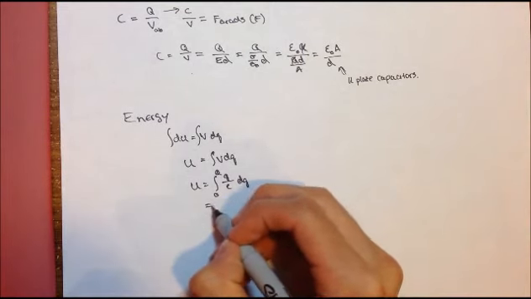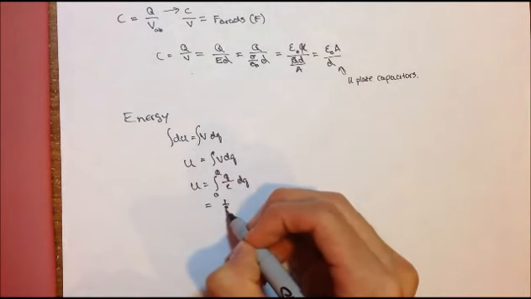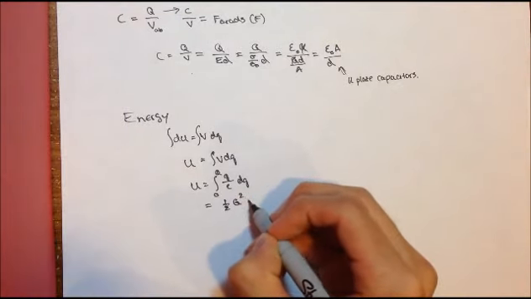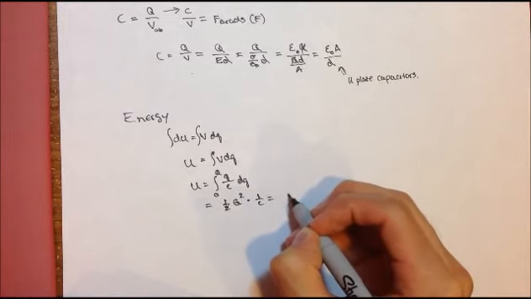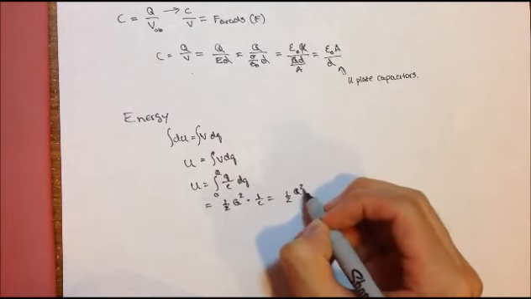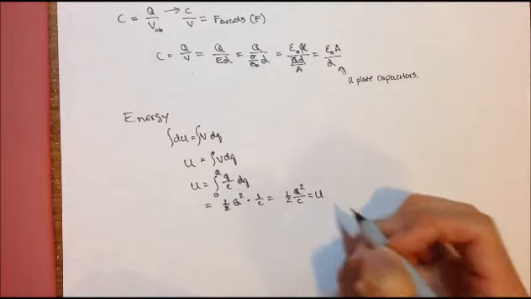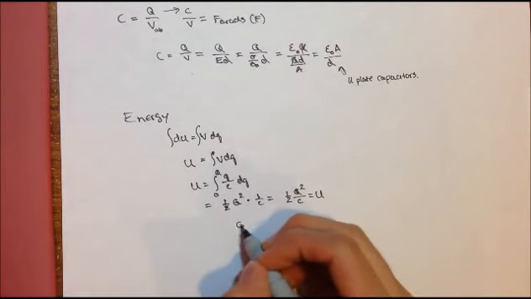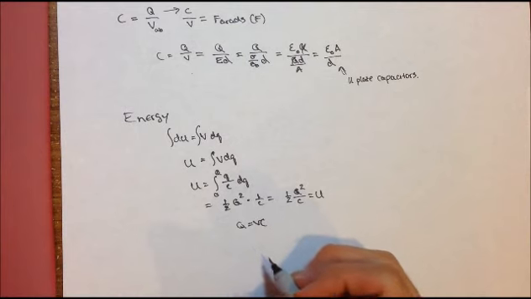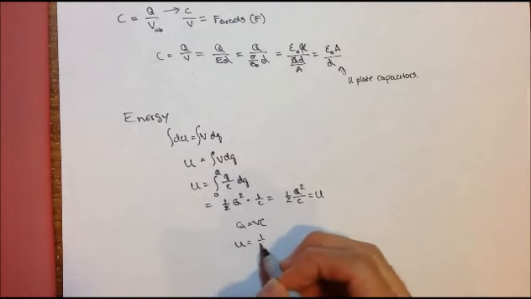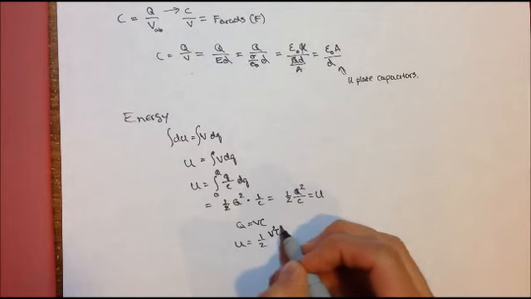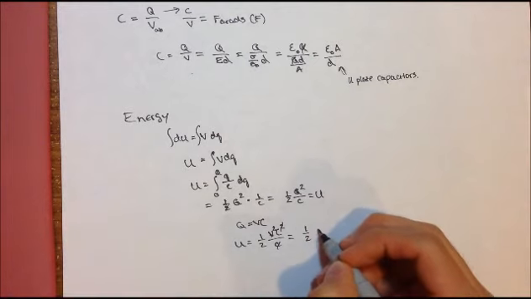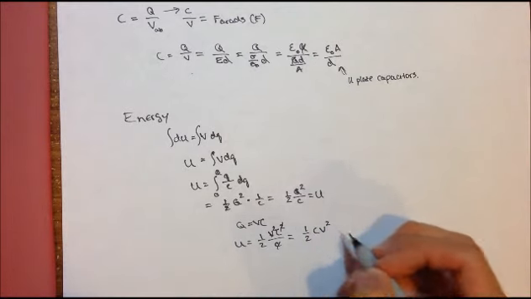Now what it gives us is 1/2, well, substituting in big Q, Q squared multiplied by the outside constant gives us 1/2 Q squared over C is equal to U. Using some simple substitutions, we have Q is equal to VC, and so U is equal to 1/2 V squared C squared over C, which is equal to 1/2 CV squared.